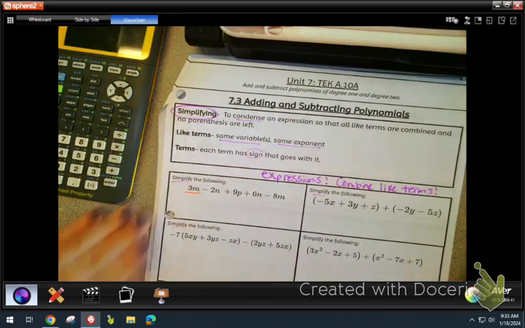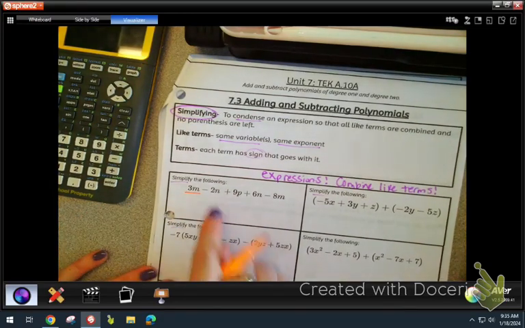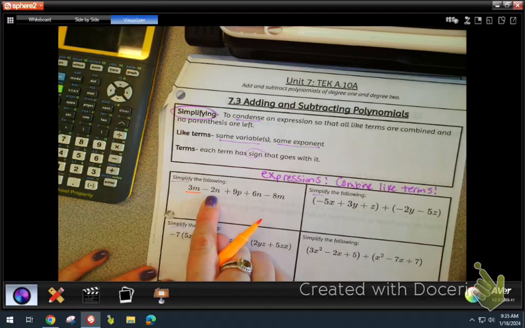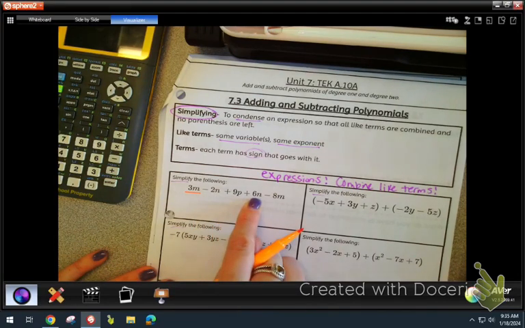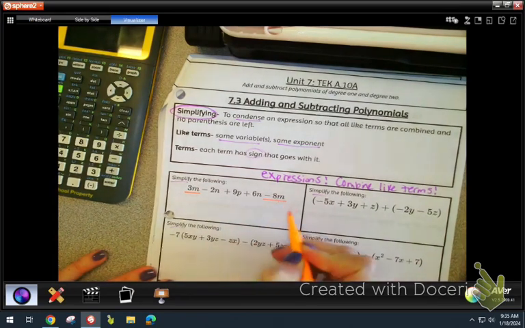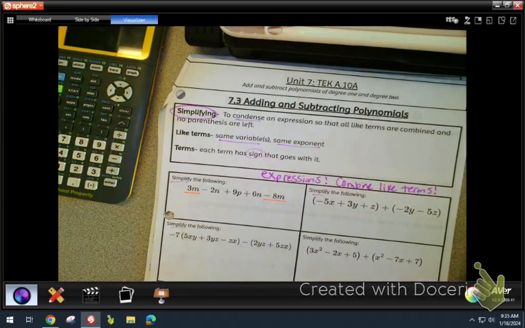So I got 3m right there. Does my next term have an m? No. Does my next term have an m? No. Next? Next? Okay, I'm going to underline, and look what I underlined with it. That minus sign. That's telling me that this guy is negative. So I'm going to underline that sign with it.